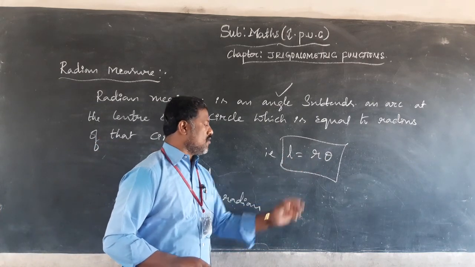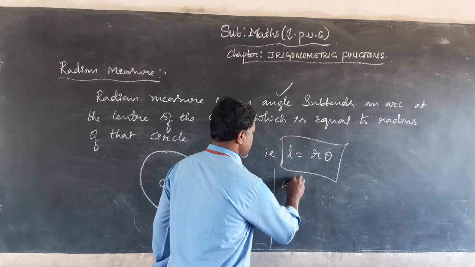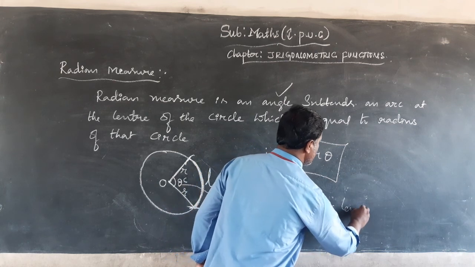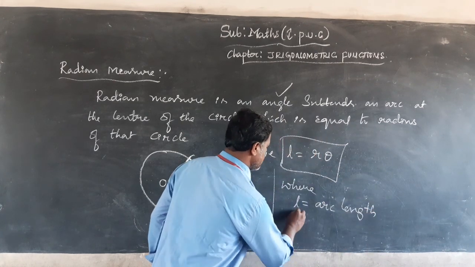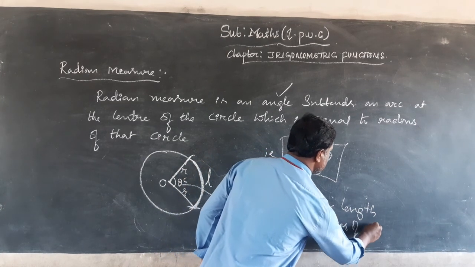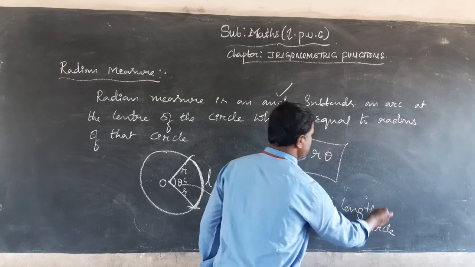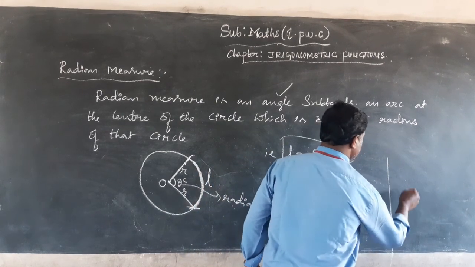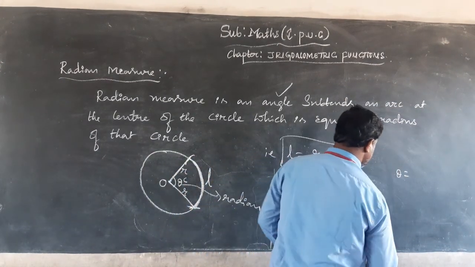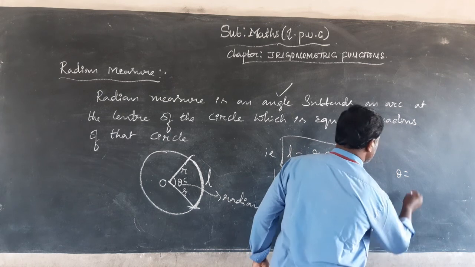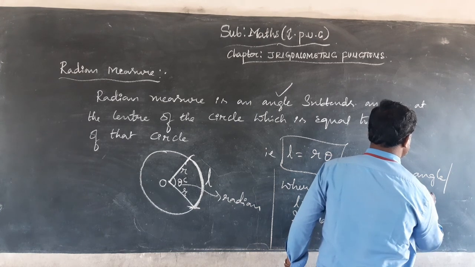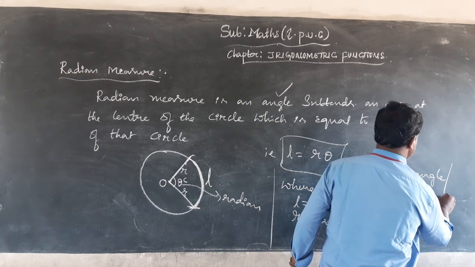That is L is equal to r theta. Here you should write where L is equal to arc length, r is nothing but the radius of the circle, and theta we are going to call as the radian measure or angle.